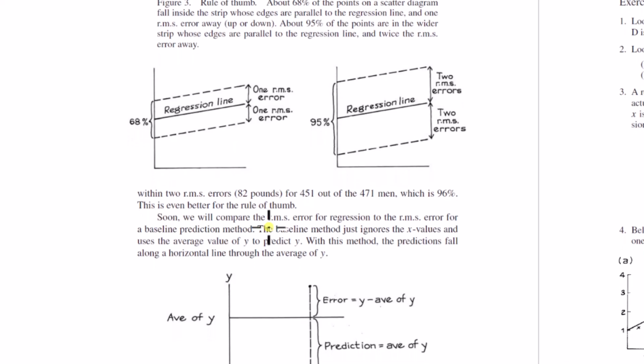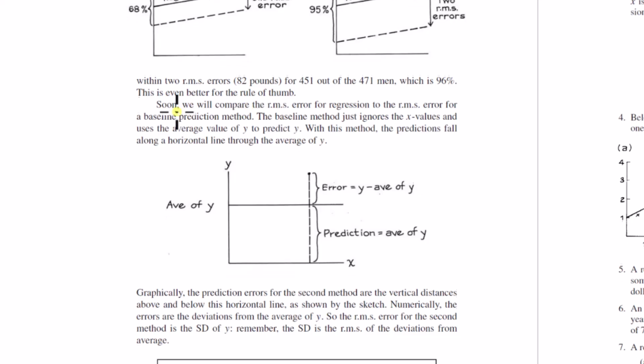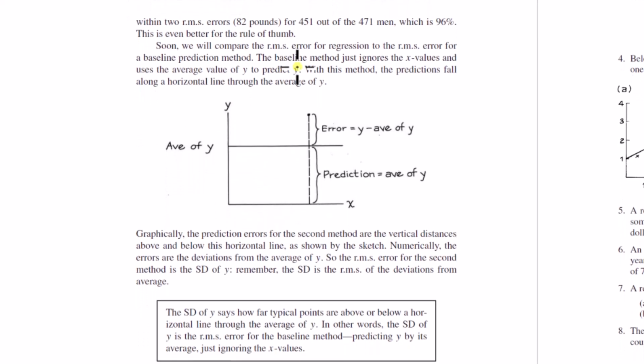Soon we will compare the RMS error for regression to the RMS error for a baseline prediction method. The baseline method just ignores the X values and uses the average value of Y to predict Y. With this method, the predictions fall along a horizontal line through the average of Y. So we want to keep this in mind because this is going to be like a reference error that we'll use.